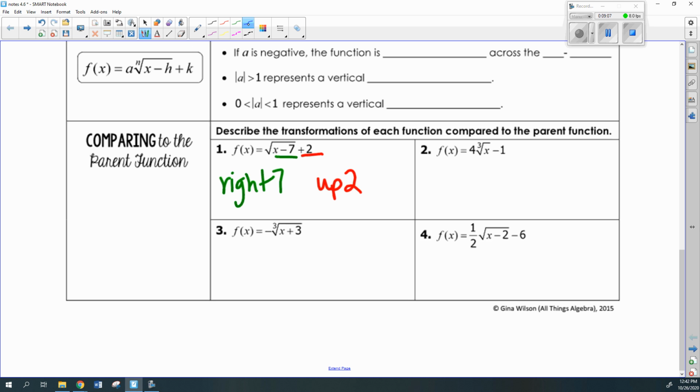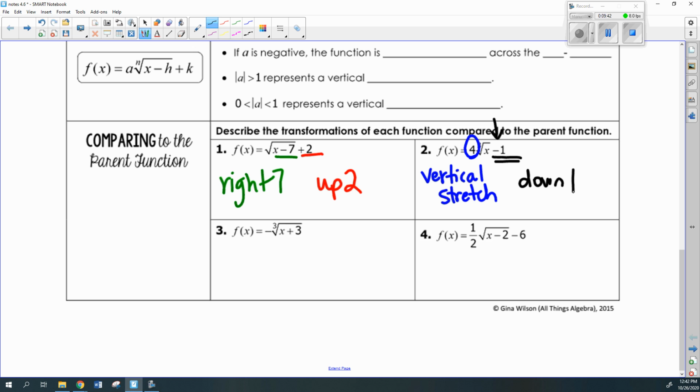All right, number 2, it doesn't matter that it's a cube root, it works the same. The 4 is multiplied in front. It is bigger than 1, so that is a vertical stretch. And then the -1, you have to look very carefully. The radical does not extend over that -1, so that is actually a down 1.